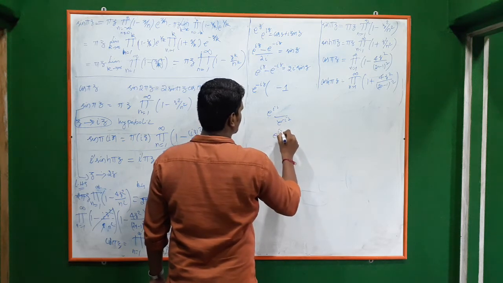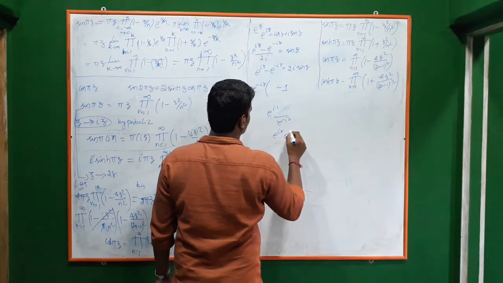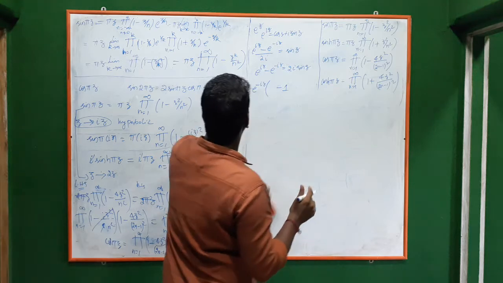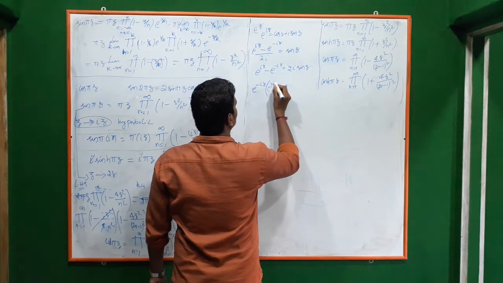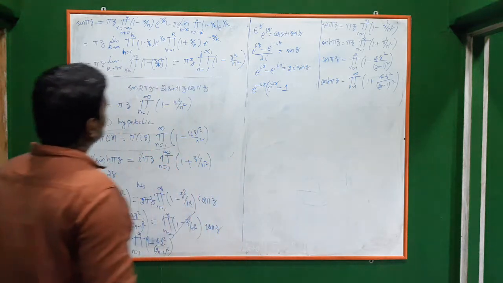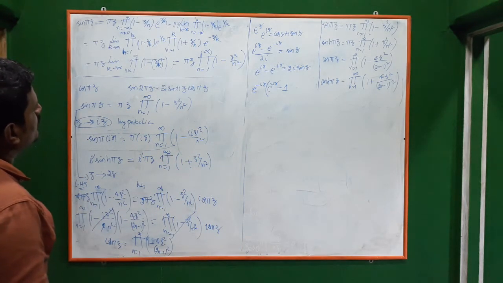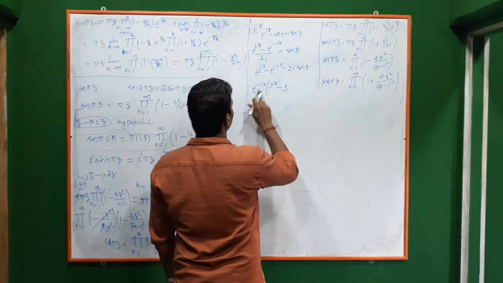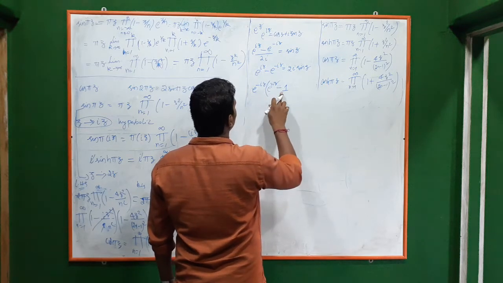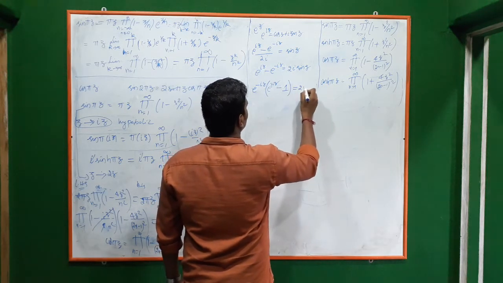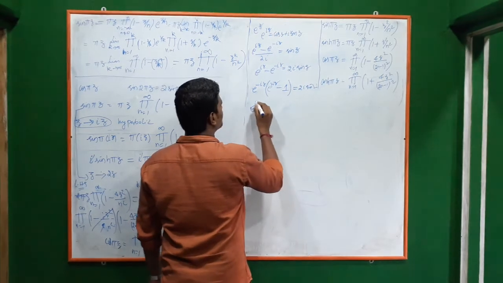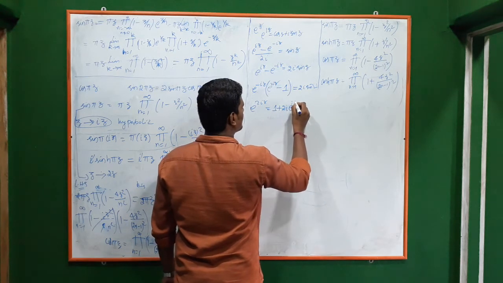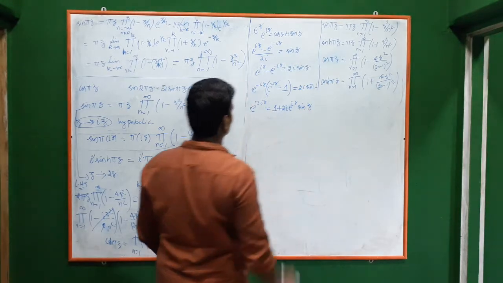So if you take e power minus i z outside, e power 2i z minus 1 equal to 2i sin z. Then e power 2i z is 1 plus 2i e power i z sin z.